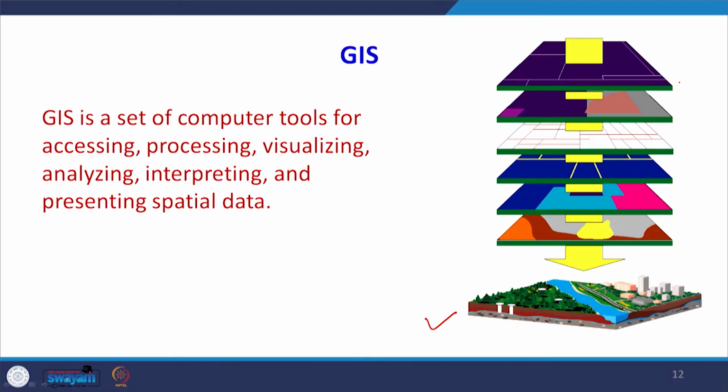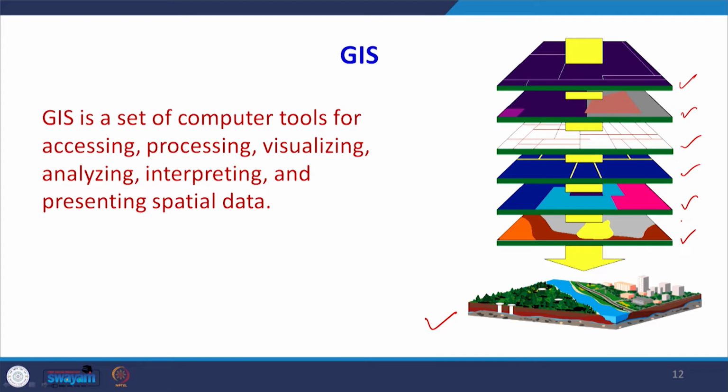So one can see that there are different kinds of maps, and in this diagram 6 different maps have been created, and these maps are basically geo-referenced with each other. So you can superimpose them one over the other, and these maps are geo-referenced with respect to the earth surface also.